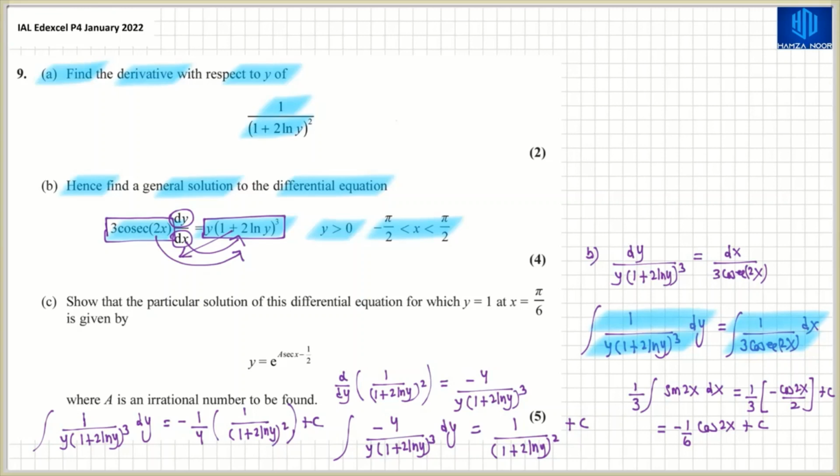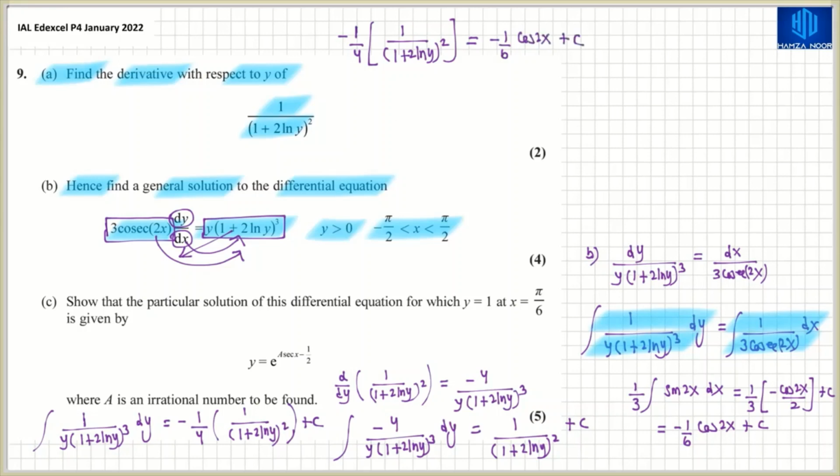Okay, so when we integrate 1 over y times 1 plus 2 ln y whole cube with respect to y, what we get is minus 1 over 4 multiplied by 1 upon 1 plus 2 ln y whole squared, and this is equal to minus 1 over 6 multiplied by cos 2x and then plus c.